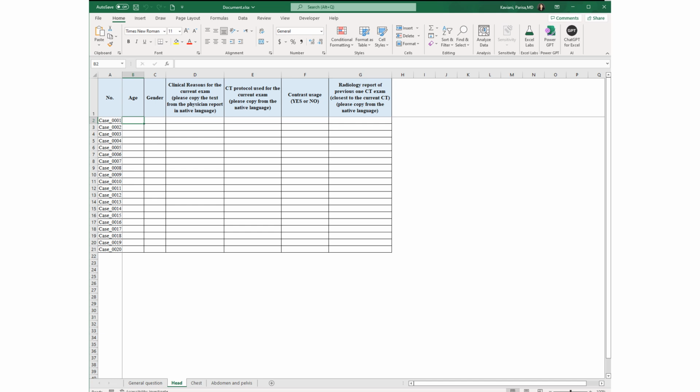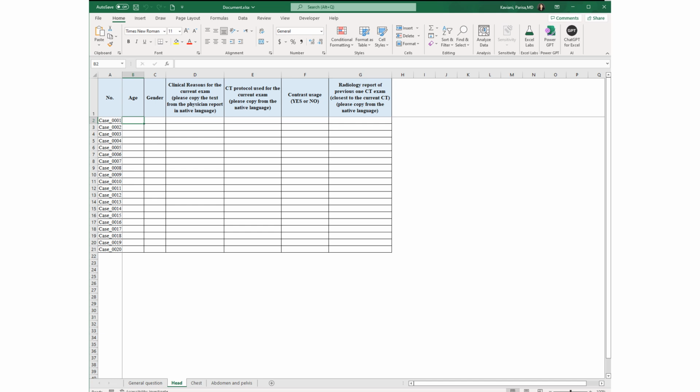For instance, if the current clinical indication is headache and the previous radiology report is related to a head injury, you can include this exam and this case.